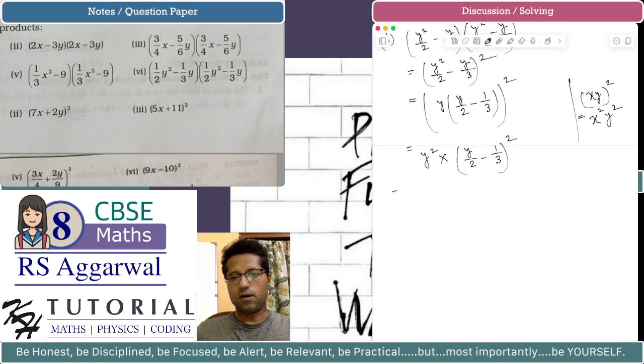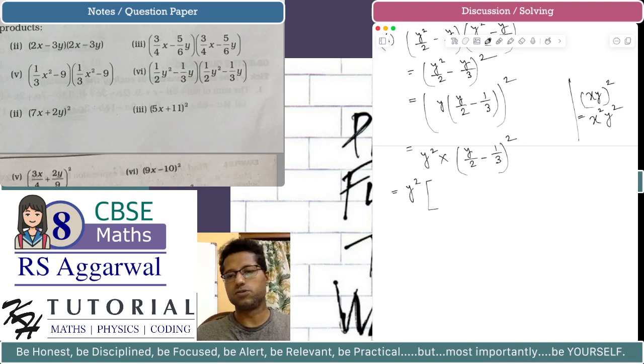So now we have to expand y by 2 minus 1 by 3 using the formula of a minus b whole square.